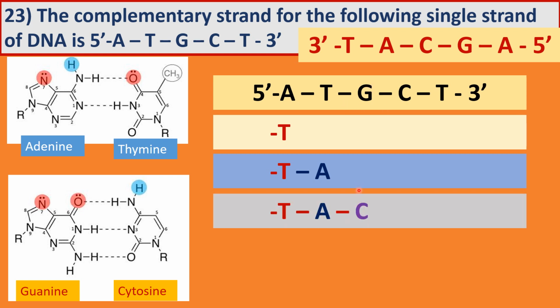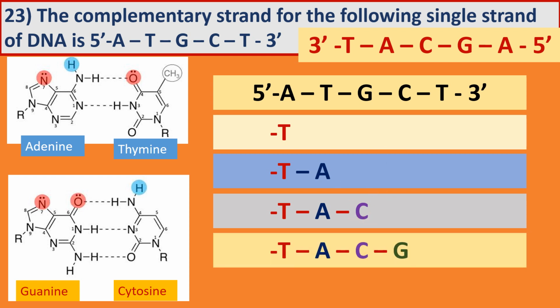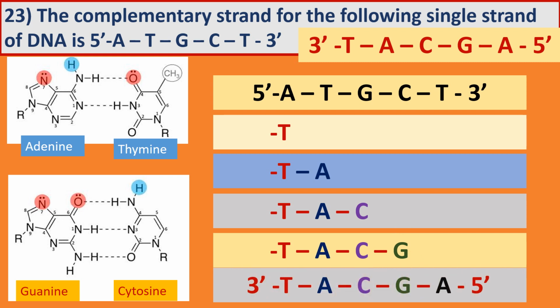Guanine is complementary to cytosine. Next, cytosine is complementary to guanine. Next, thymine is complementary to adenine. 5 prime to 3 prime means 3 prime to 5 prime. So this is the single strand, and this is the complementary strand we have obtained from it.